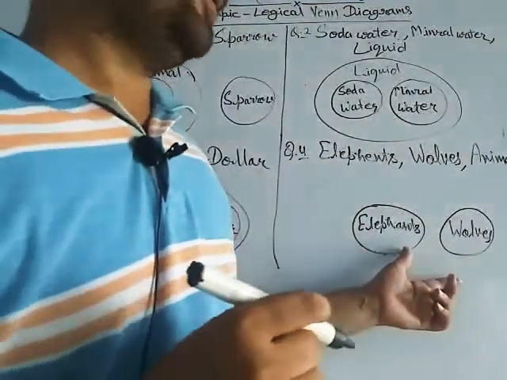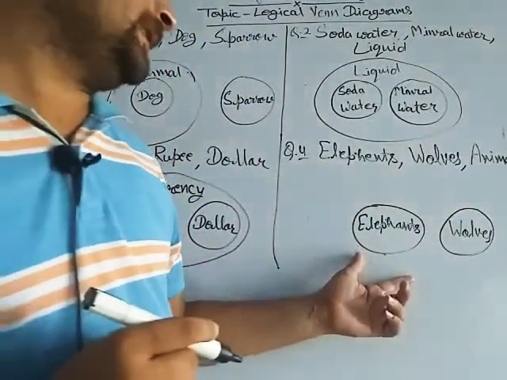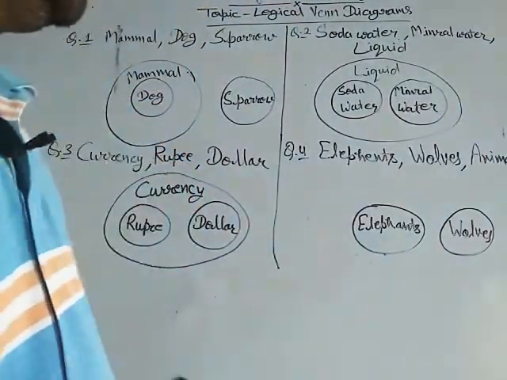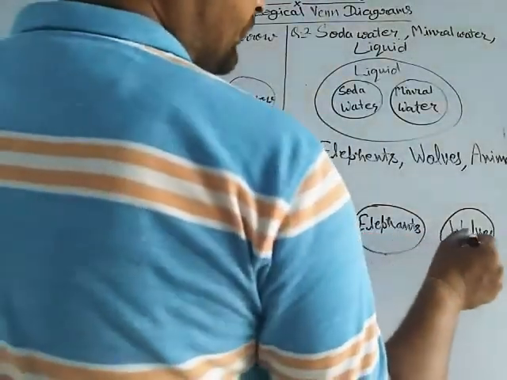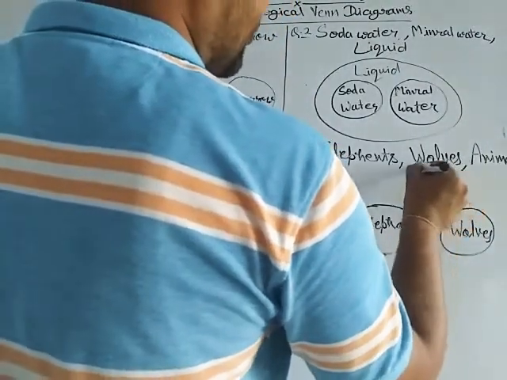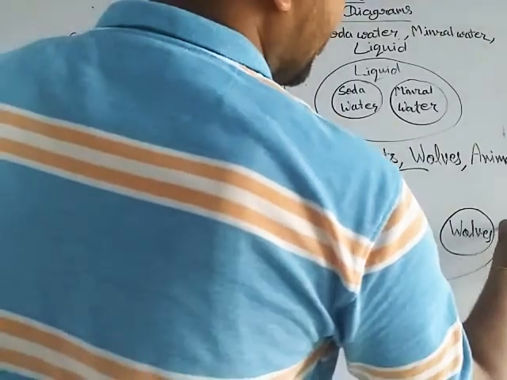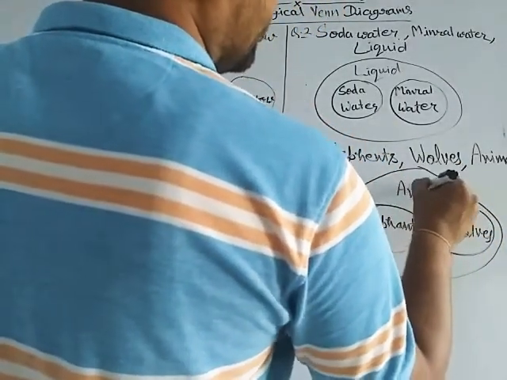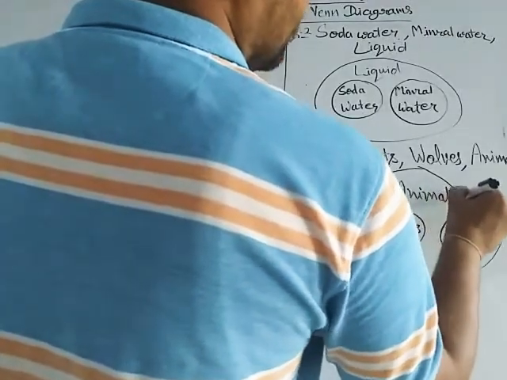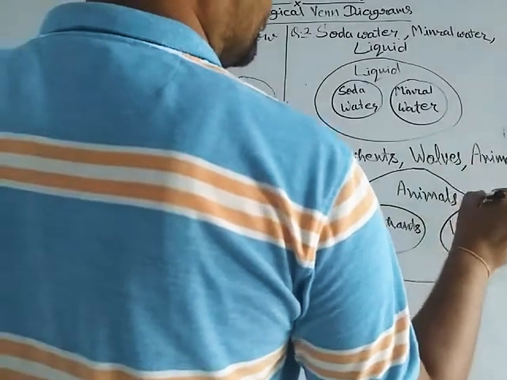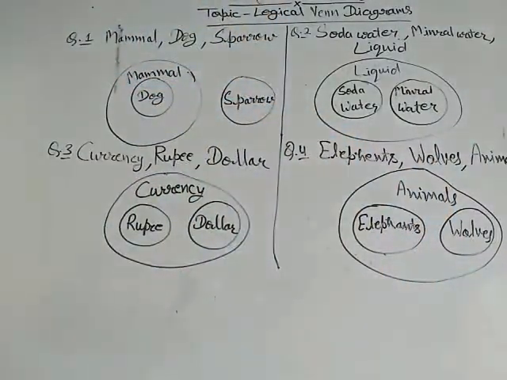Both are in the category of animals, so elephants and wolves will be in the animals.